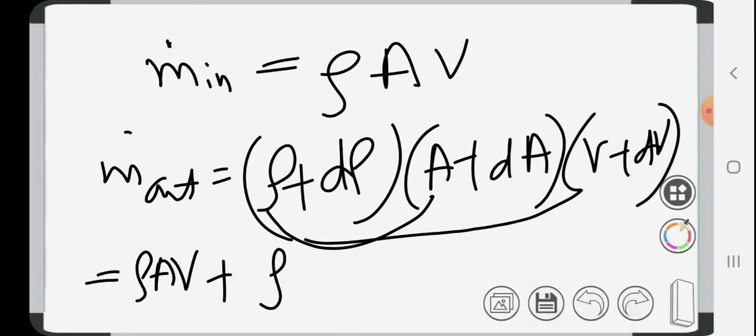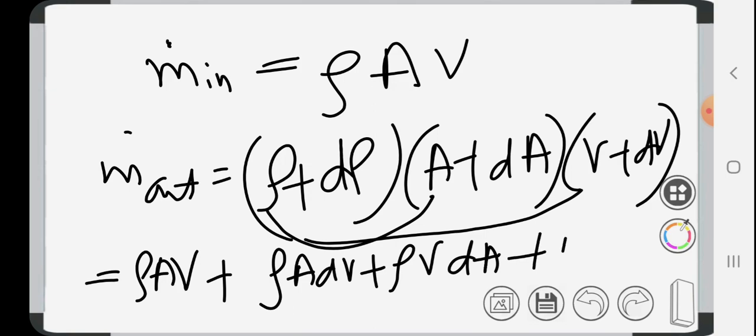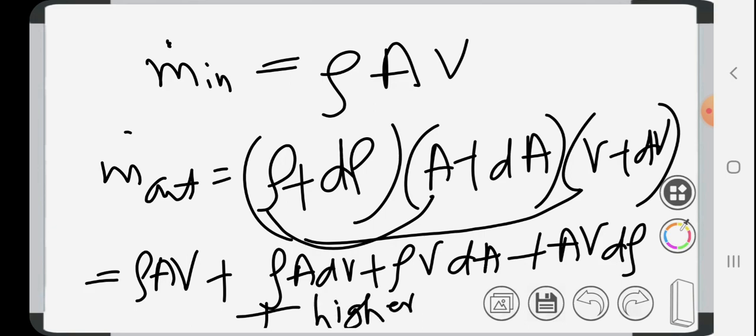Rho A v is there, rho A dv is there, rho v dA is there, plus A v d rho is there, plus many other terms will be there. They will be higher order terms, so you can neglect those. Only these 4 terms will be of lower order, because higher order terms contain a product of 2 differentials, and you can neglect those terms.